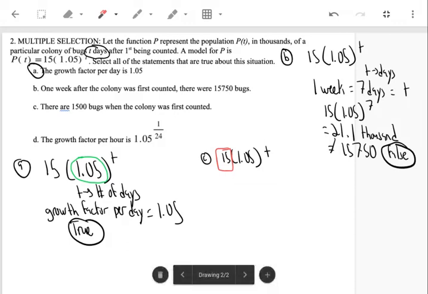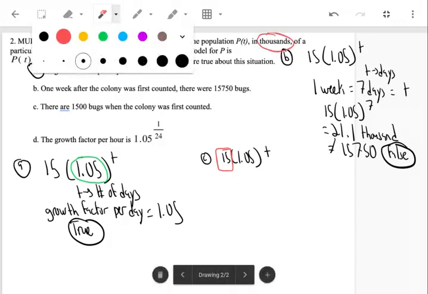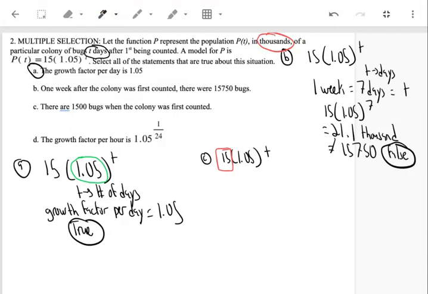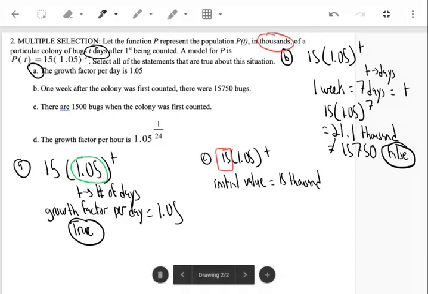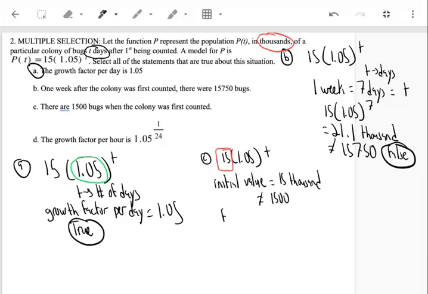That means there are 15,000 bugs. So our initial value is 15,000. Okay, 15,000 is not equal to 1,500. So C is also a false statement.